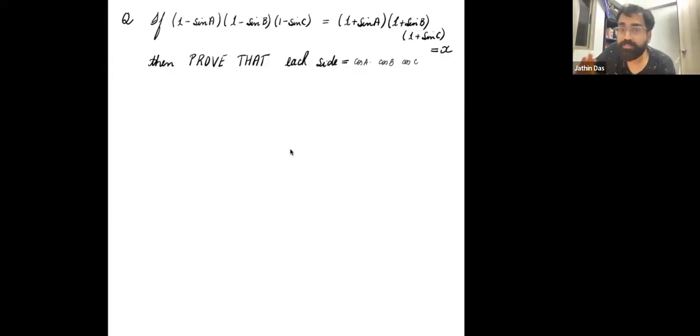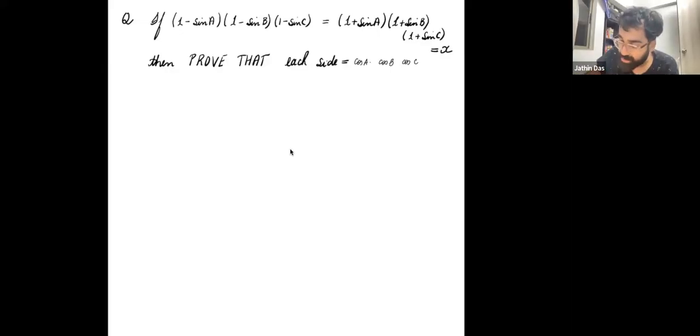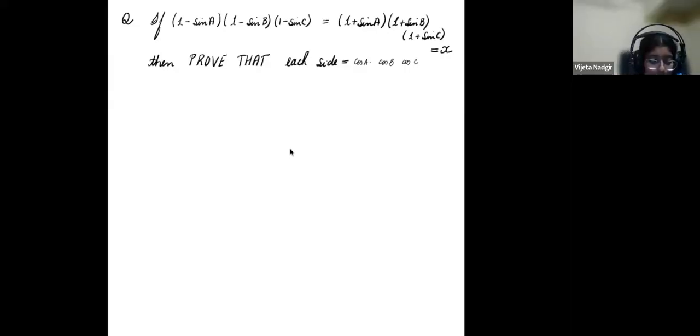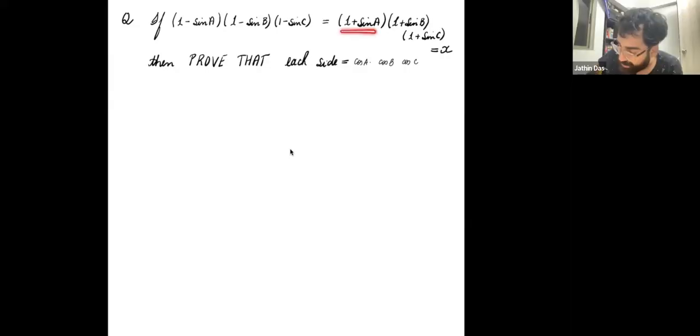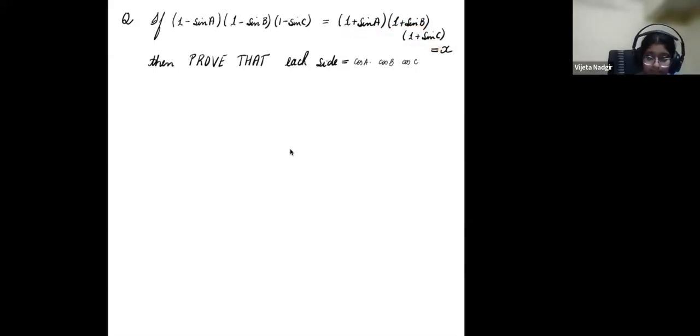What will you do? 1 minus sine square A, so that it is 1 minus sine A, 1 plus sine A. So you'll multiply the entire equation, either multiply this or this, left hand side and right hand side. With what? I'll multiply 1 plus sine into 1 plus sine into, like that.